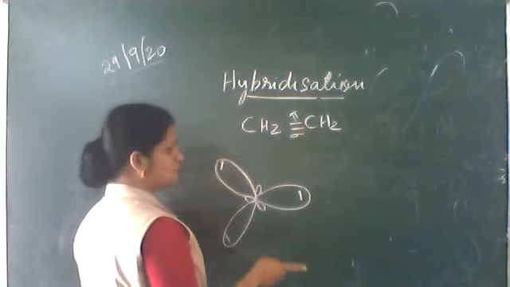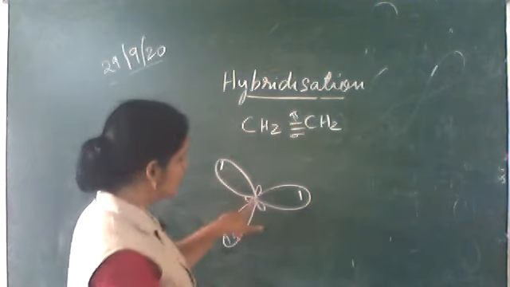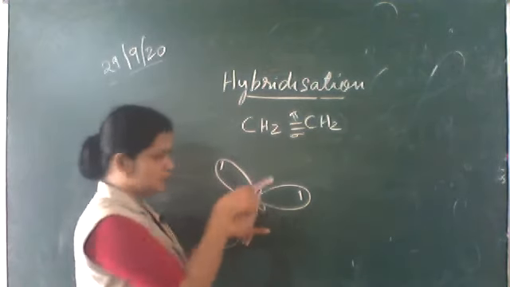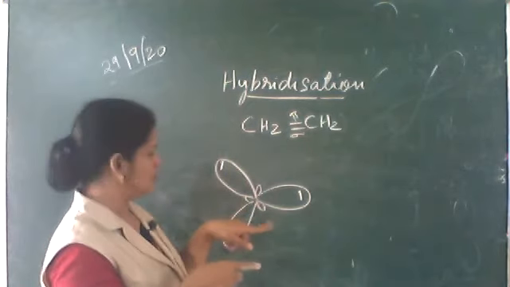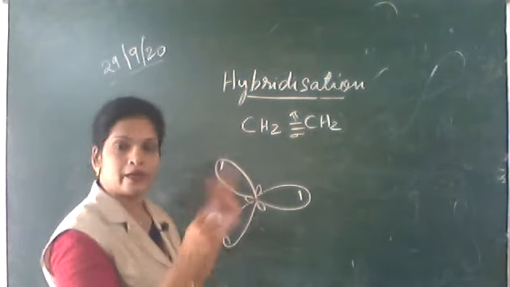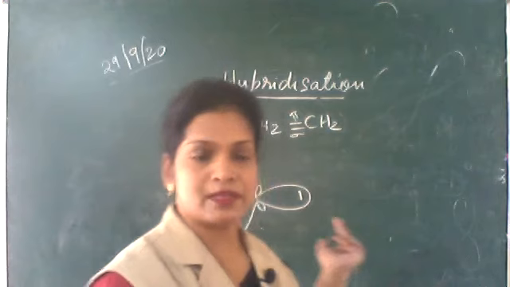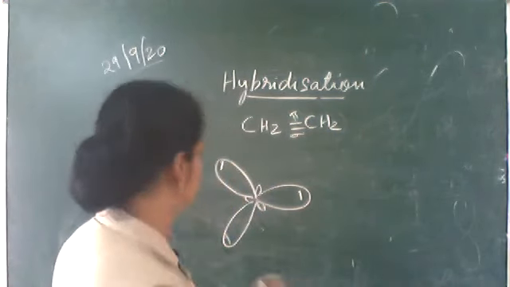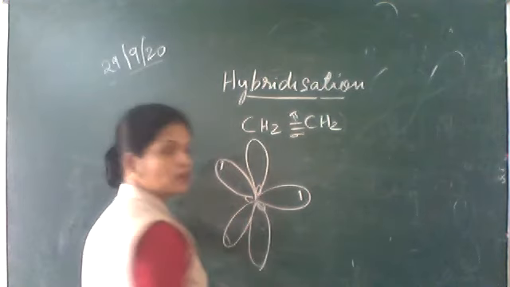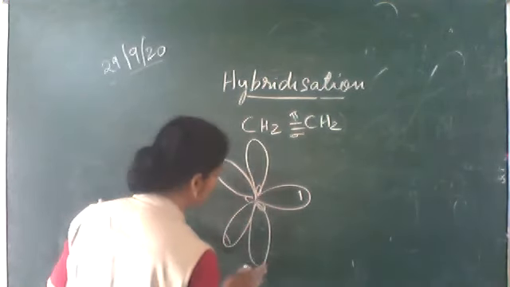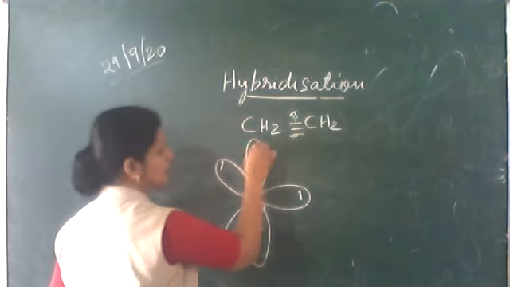Another carbon is also in the same situation. The pz orbital is towards the front: one lobe is at the front side of this board and the other lobe is at the back side of this board. But I am showing it like this, a pure orbital of equal lobes with one electron.